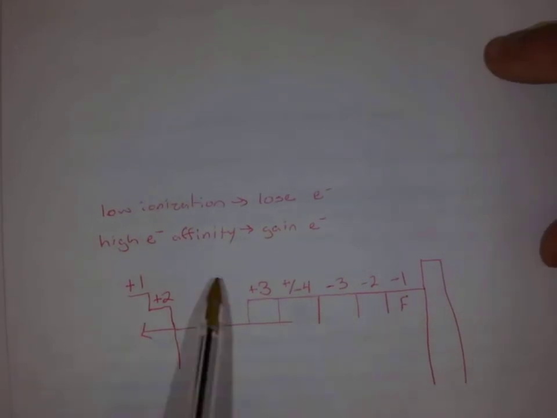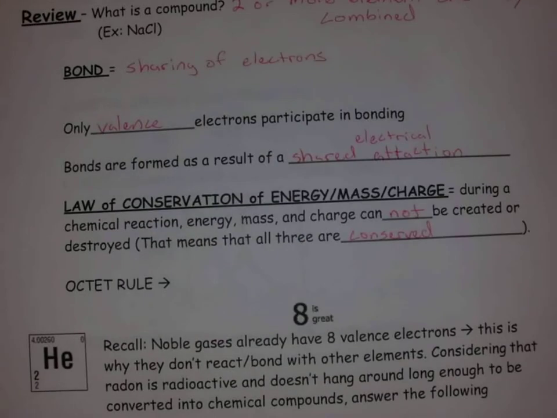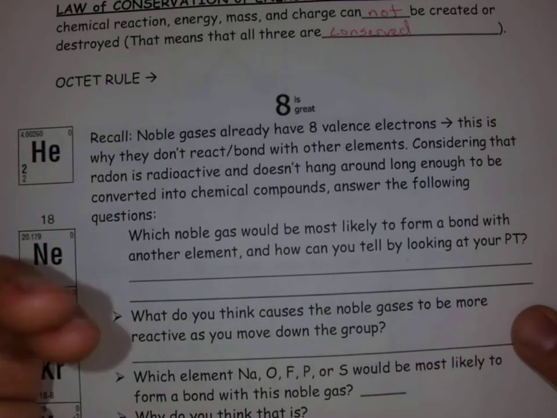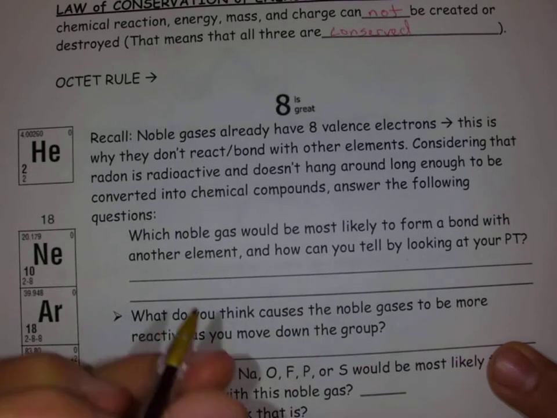So just by looking at our periodic table, we're going to know what ions we form, okay? So our octet rule is essentially that 8 is great, right?